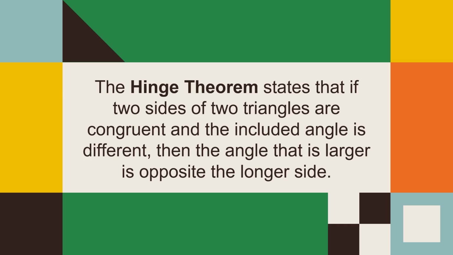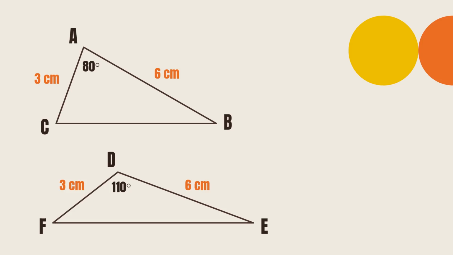Okay, to better explain, magbigay tayo ng example. So here we have two triangles, triangle ABC and triangle DEF. So kakasabi lang na for this theorem, we have two triangles. Okay. So if you look closely, okay, we have corresponding congruent sides.